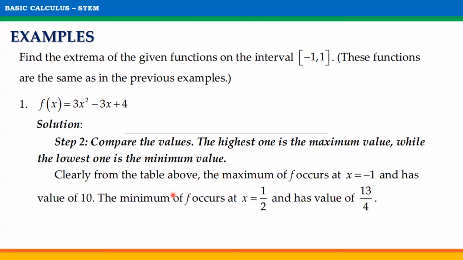Clearly, from the table, the maximum of f occurs at x equals -1 and has a value of 10. The minimum value of f occurs at x equals 1/2 and has a value of 13/4. Thus, the maximum value is 10 and the minimum value is 13/4.